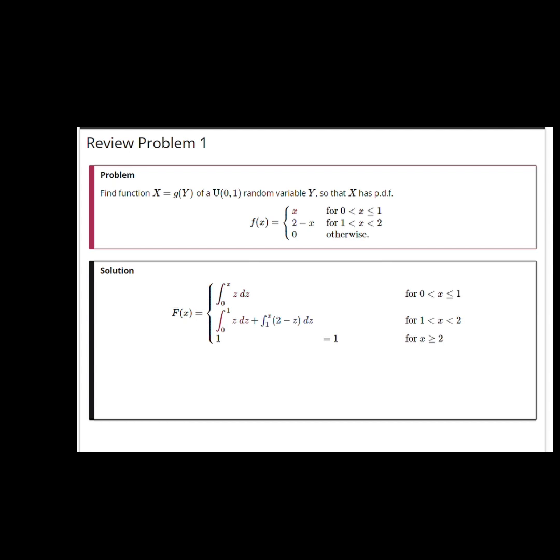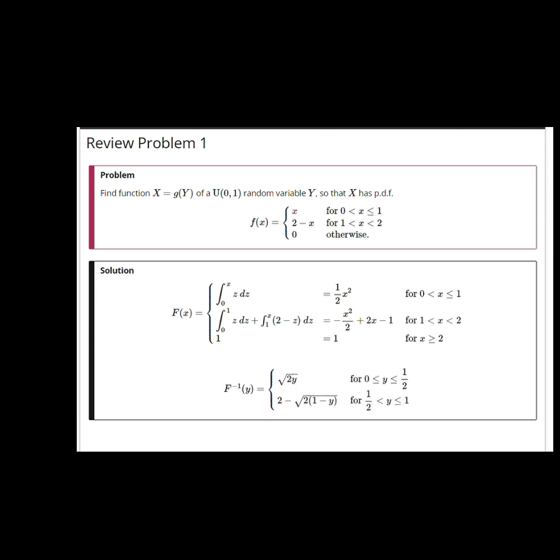But when x is between 1 and 2, you need to integrate up to 1 first, plus the integral from 1 up to x, because in these two regions, the probability density function has a different form, z in the first and 2 minus z in the second. It turns out that when x is less than 1, it's 1/2 x squared, and when x is between 1 and 2, it's minus 1/2 x squared plus 2x minus 1.